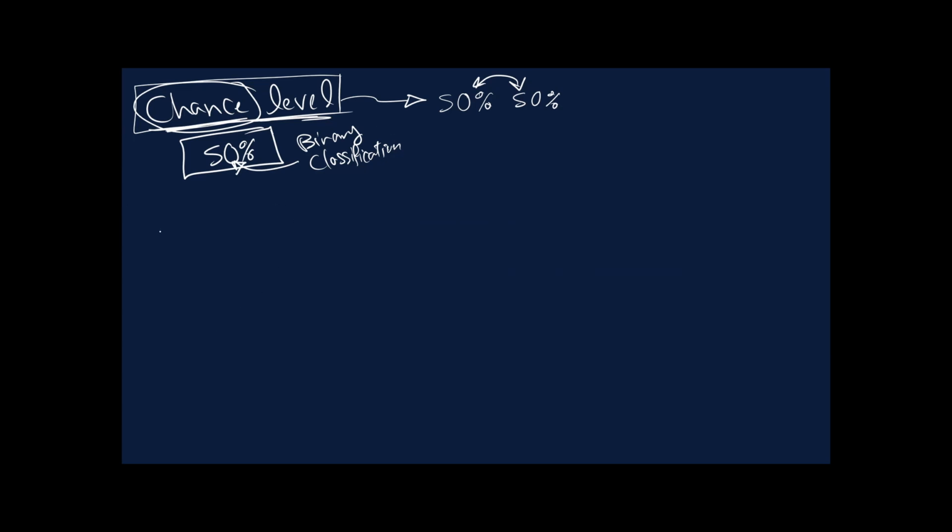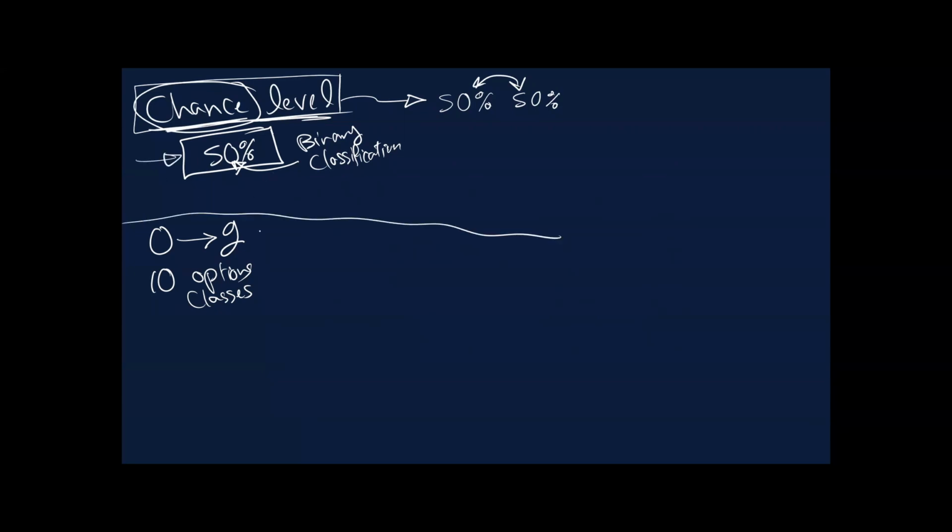So how about the current classification problem? We have from 0 to 9, so we have 10 options, right? We have 10 classes. Then our value wouldn't be 50%. If our binary classifier was classifying at 50%, we would say this is a very bad classifier because it's not learning anything, it's just picking the classes randomly. But for our multi-class classification, we have 10 classes.